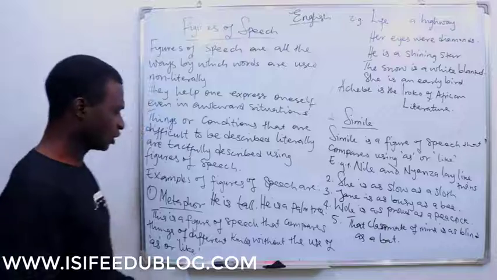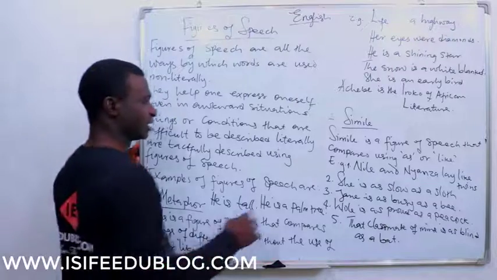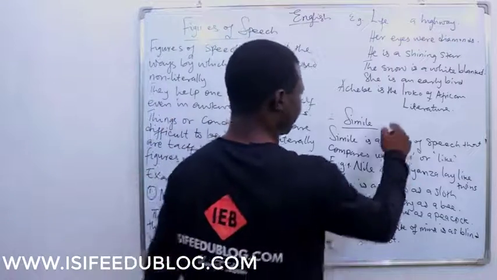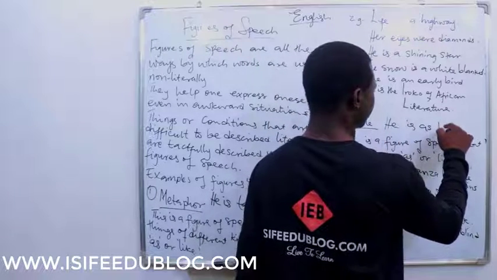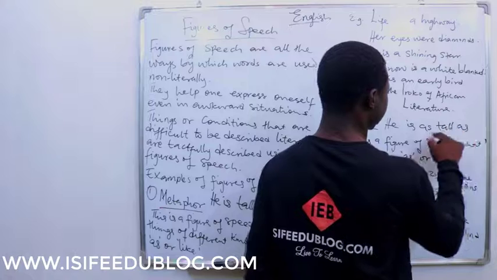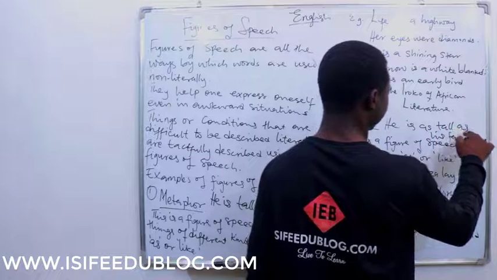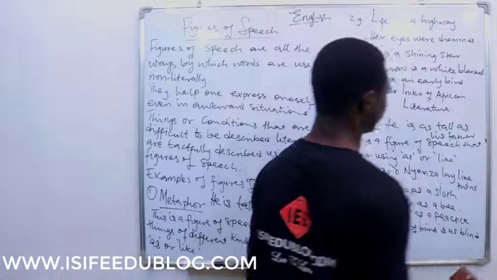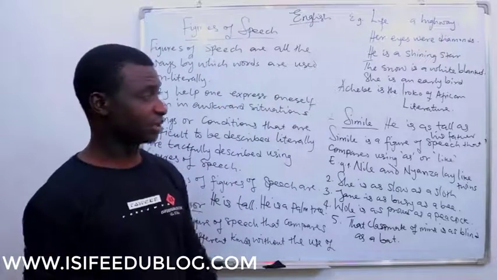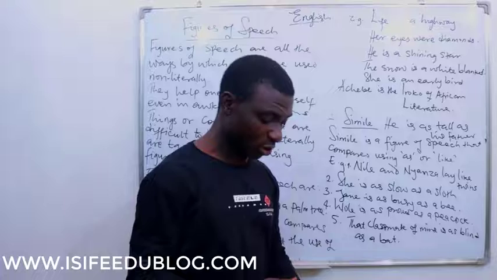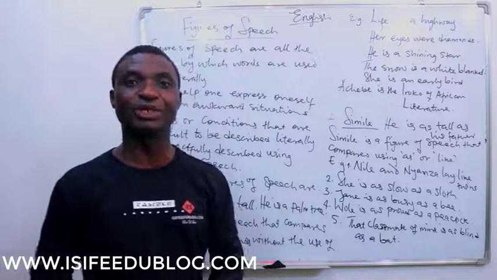Now, if you say in simile, for instance, he is as tall as his father, you have not succeeded in making a good simile. Alright? Because if his father is tall, there is a tendency that he will be tall.